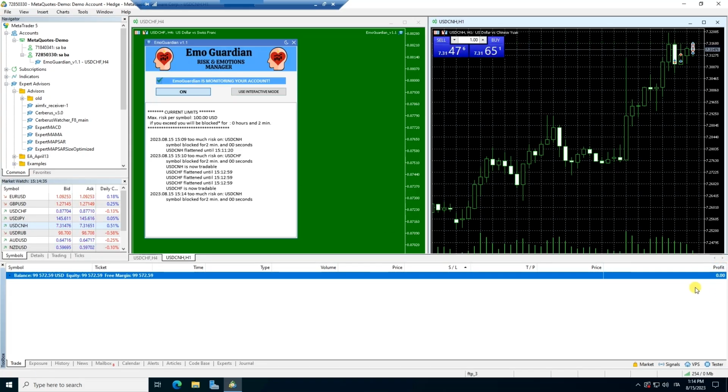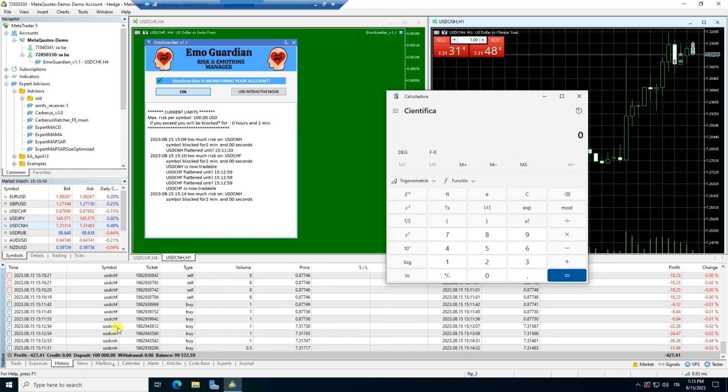So you see now this trade has been closed, although the open risk was only 50, and I will show you why. So this trade, which was closed partially to try to work around this limit imposed by the EMO Guardian, has been flattened, because this $100 risk is computed flat to flat. So you can't really try to outsmart the EMO Guardian trying to work around these limits.